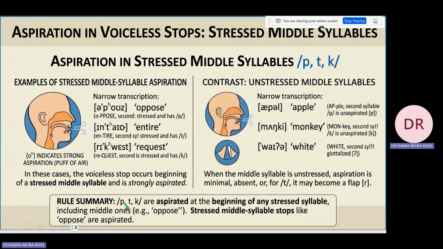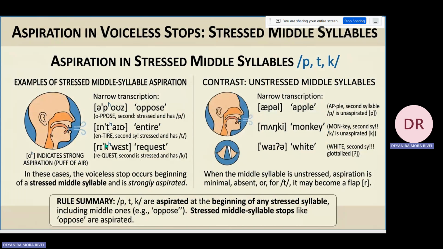Okay, so here's a summary: PTK are aspirated in the beginning of any stressed syllable, including middle ones. So stressed middle syllables like oppose are aspirated.